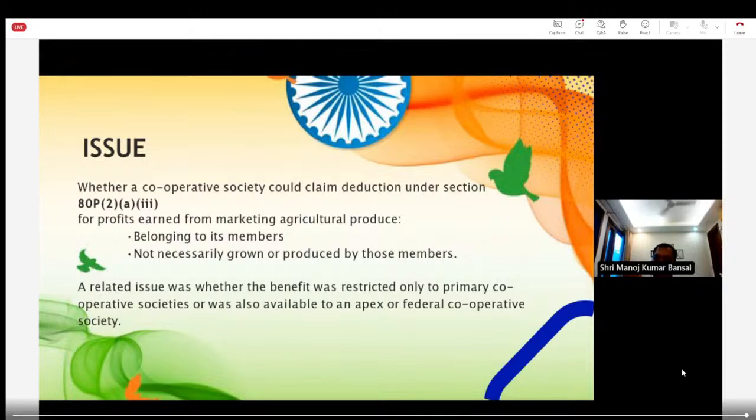I've just highlighted this in my pointer. A related issue was whether the benefit was restricted only to a primary cooperative society or was also available to an apex or federal cooperative society.